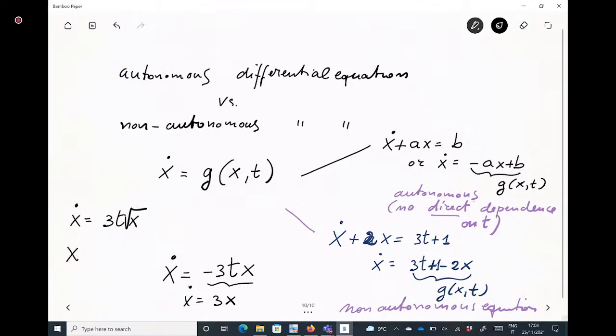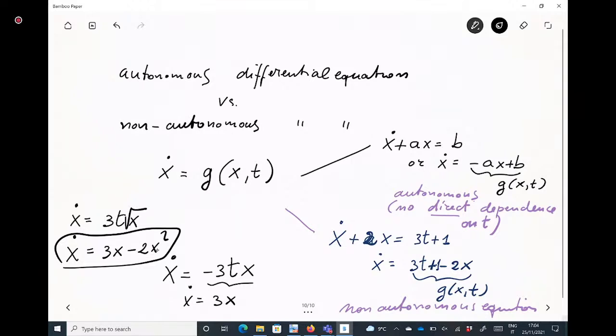This one is autonomous and non-linear, okay? It is autonomous because you don't have an explicit appearance of t here.